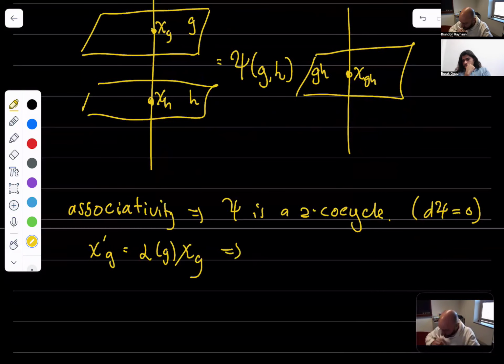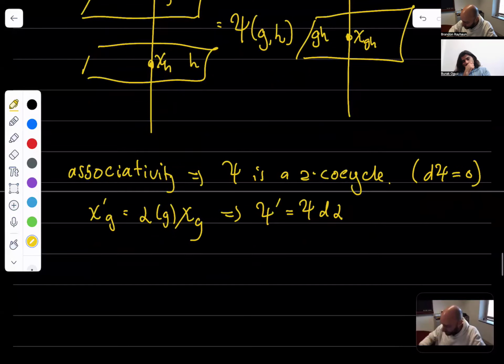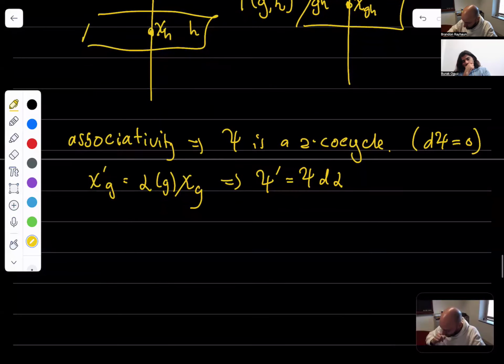And this has the effect of shifting this 2 cocycle by an exact 2 cocycle. So this is an unphysical thing. It's not universal. So we only care about the 2 cocycle up to shifting it by exact 2 cocycles.